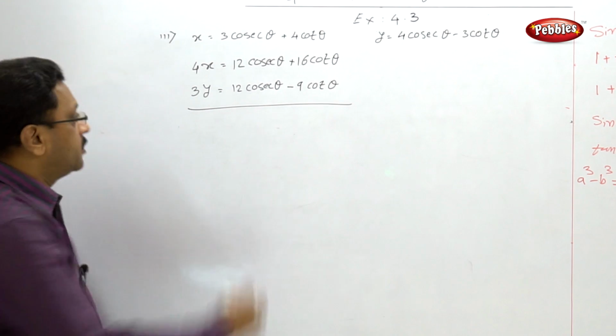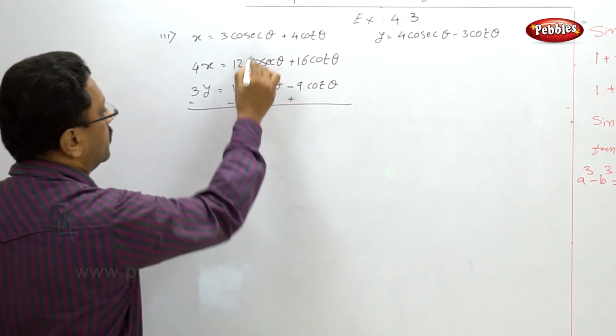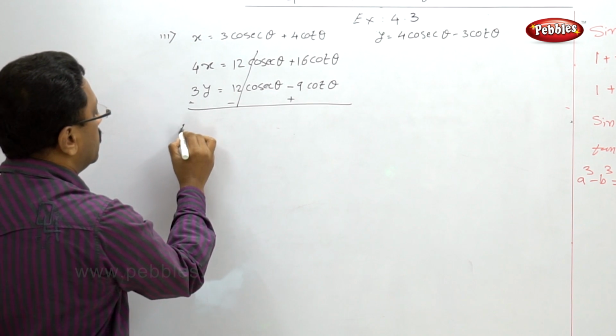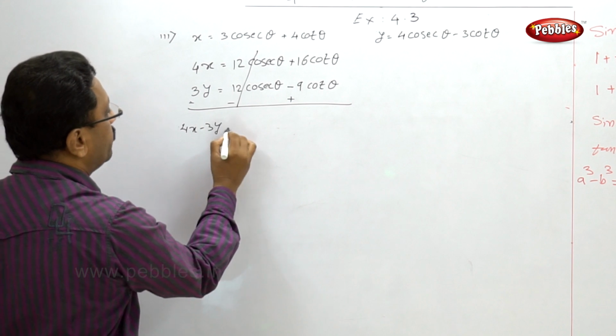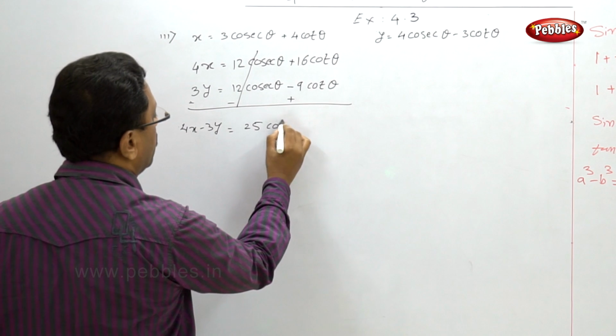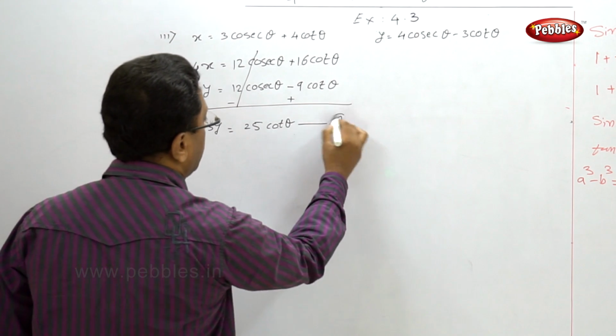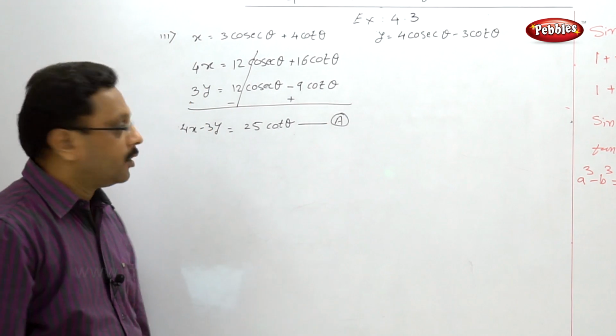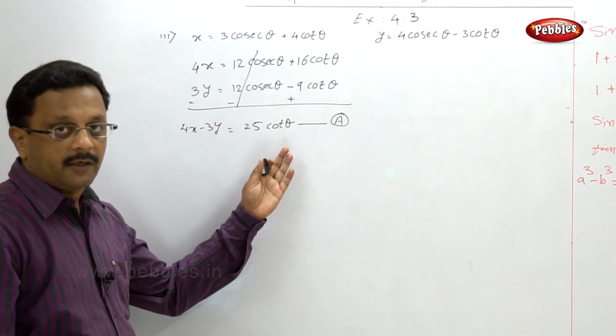Now I have to subtract. Here 4x minus 3y is equal to 25 cot theta. This is A I got. Here only cot is there.